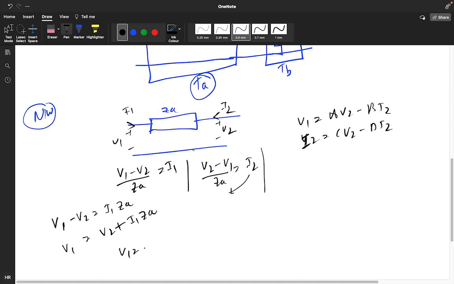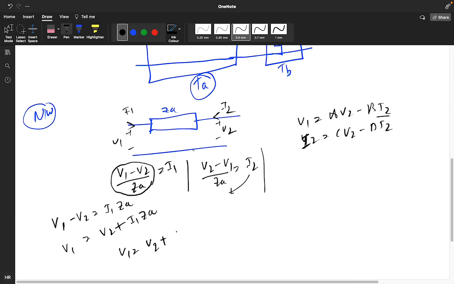So V1 is equal to V2 plus I1 ZA, put the value of I1. But you need I2, how will we get it? Let's try.